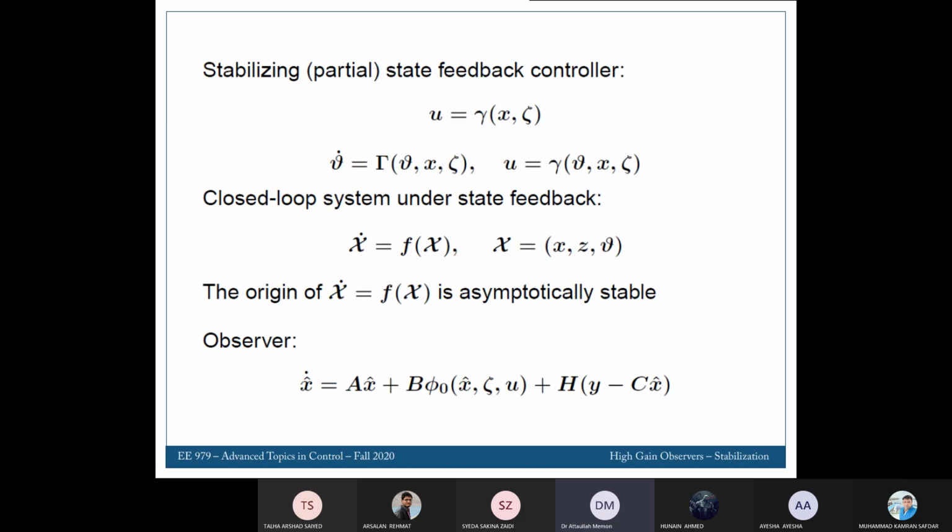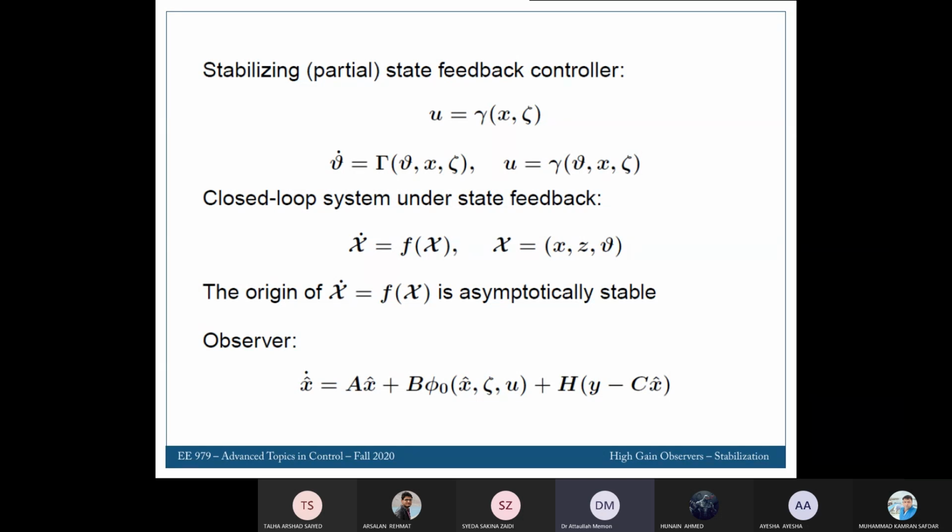So we forget about the internal dynamics, because we expect that if we design the control for the rest of the system, then that controller would also render the states of the internal system, or zero dynamics, stable in the meanwhile.